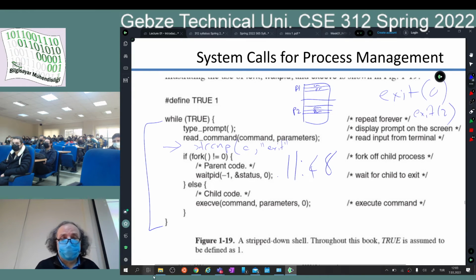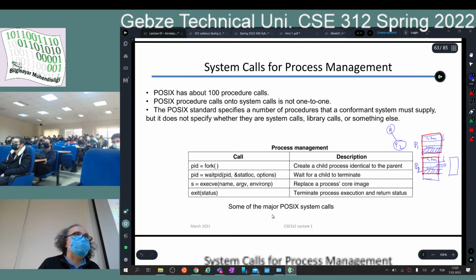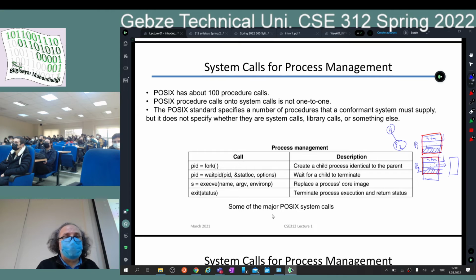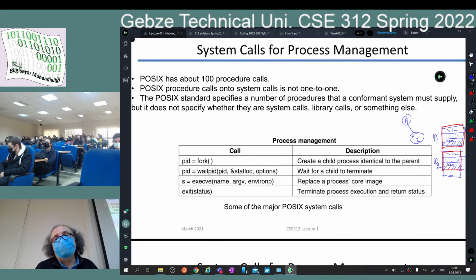Okay, good. So let's go back again. I am not trying to teach you how to write a shell program here. We are just trying to see what kind of program I can write with fork and waitpid and execv, etc. It would be a very nice exercise to write a shell program for yourself, including the scripting, the background processes, the piping and redirection of input-output, etc. But that's a classical homework for operating systems, and there are many examples of it.